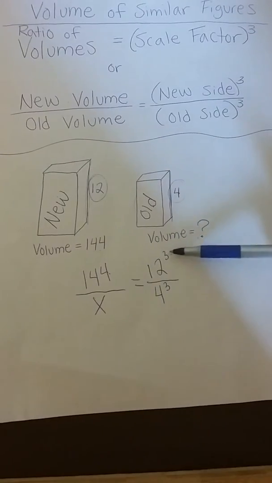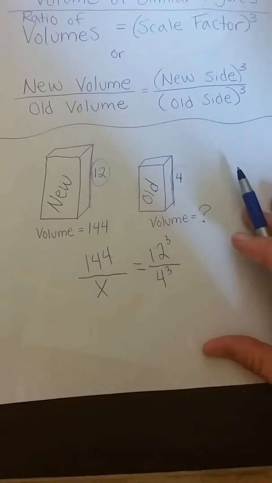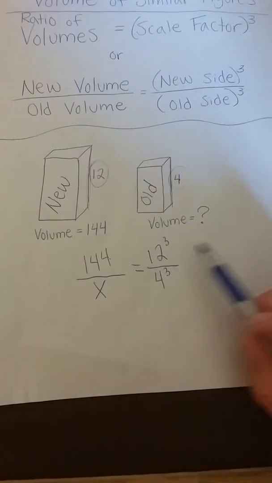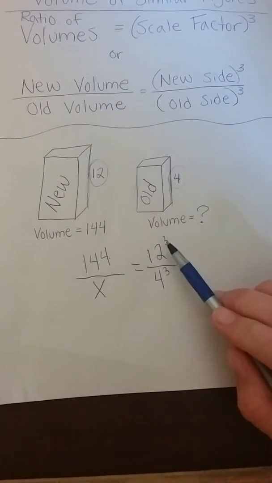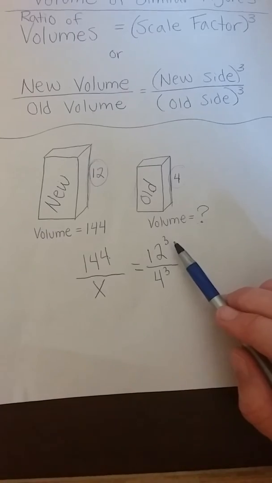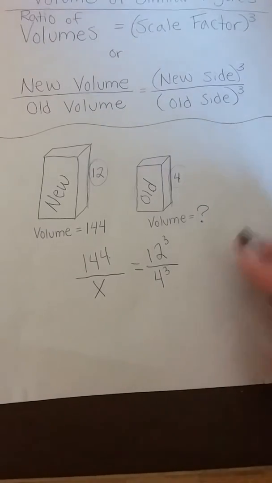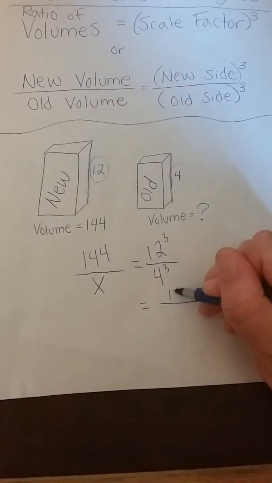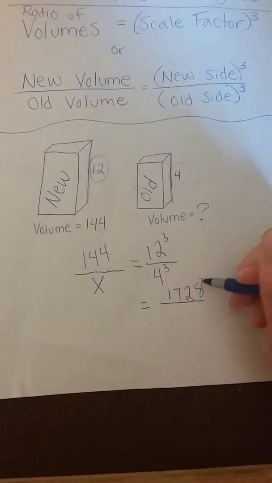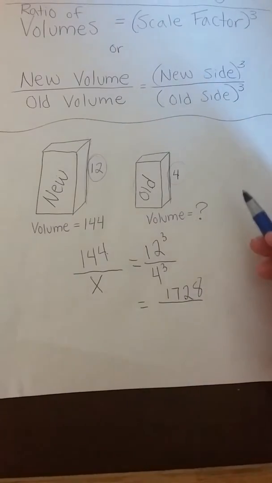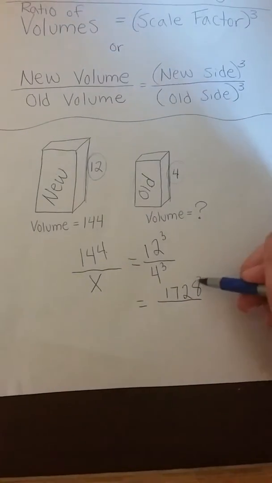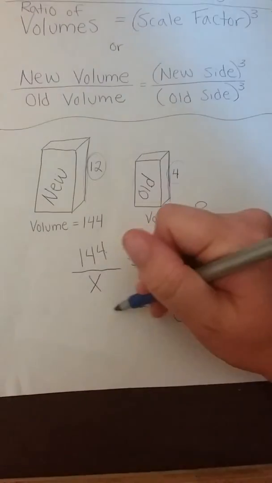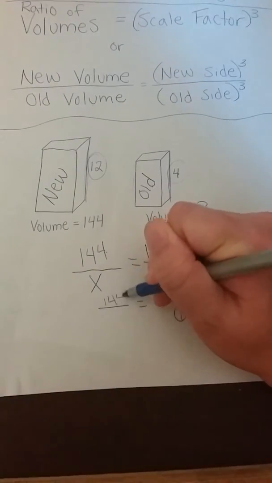Okay, exponents are first in order of operations before you multiply, so we have to do our exponents before we cross multiply. 12 cubed would be 12 times 12 times 12, and that's 1,728. And then 4 cubed would be 4 times 4 times 4, and that would be 64. And then here I just bring down 144 over x.